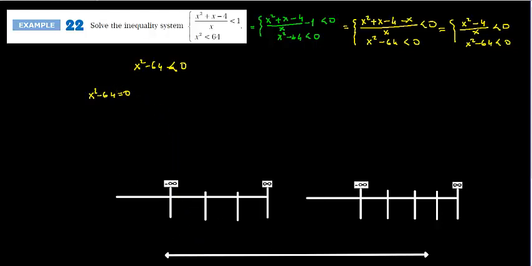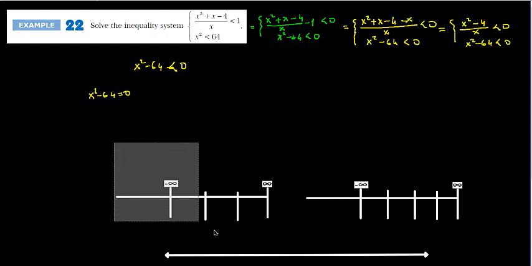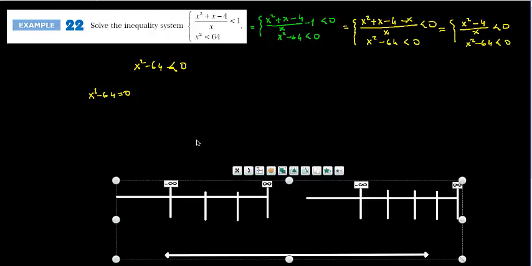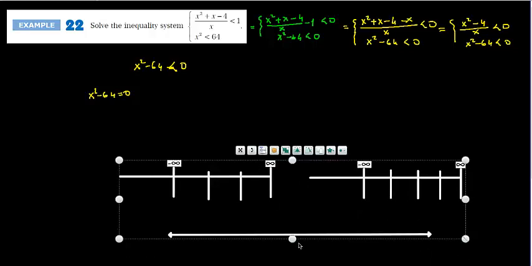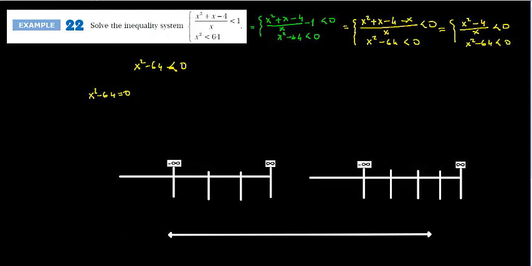Let me take this part a bit up to see the solutions clearly. The second one is here: x squared minus 64 is equal to 0, x squared is equal to 64, x is equal to plus and minus 8.